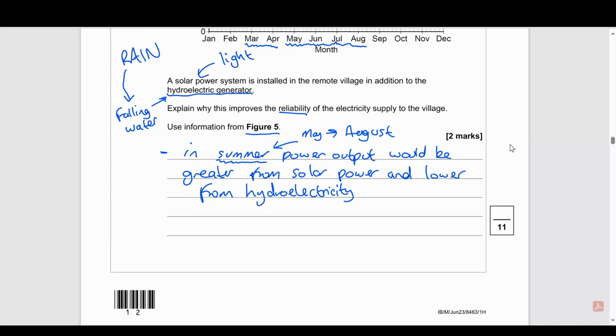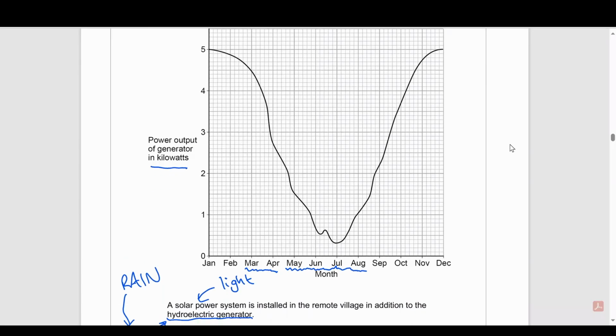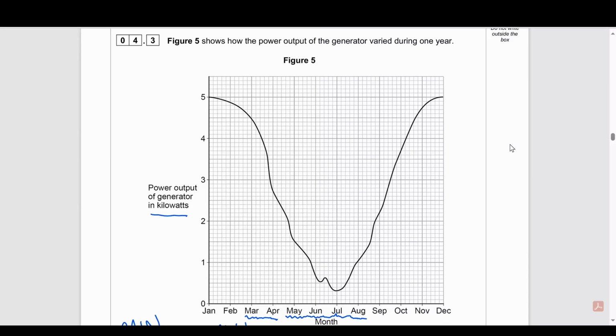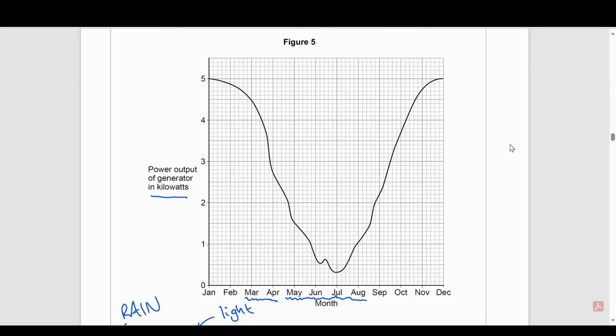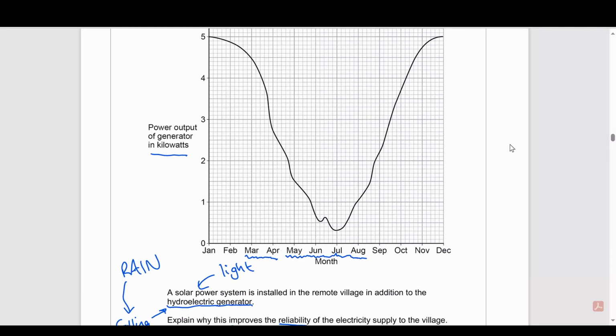But then our second mark needs to be how this is going to improve the reliability. Now look what's happened here from our graph. Remember that this is just from the generator that's hydroelectric. So when the solar power is installed, we would expect this power output to be much, much higher.